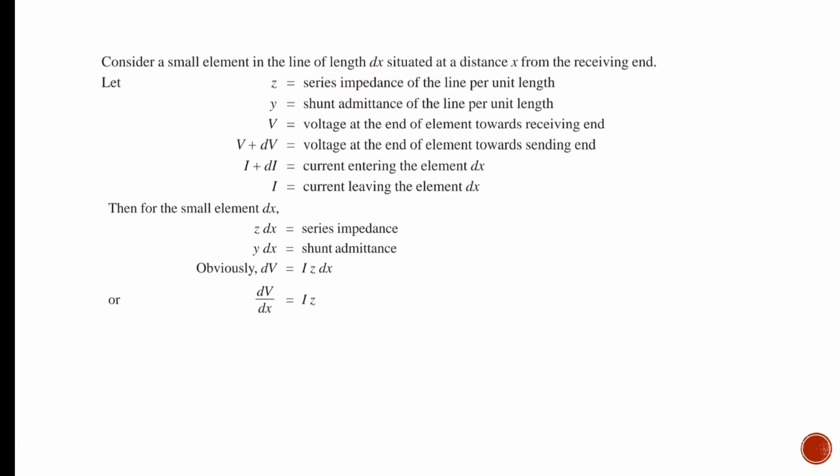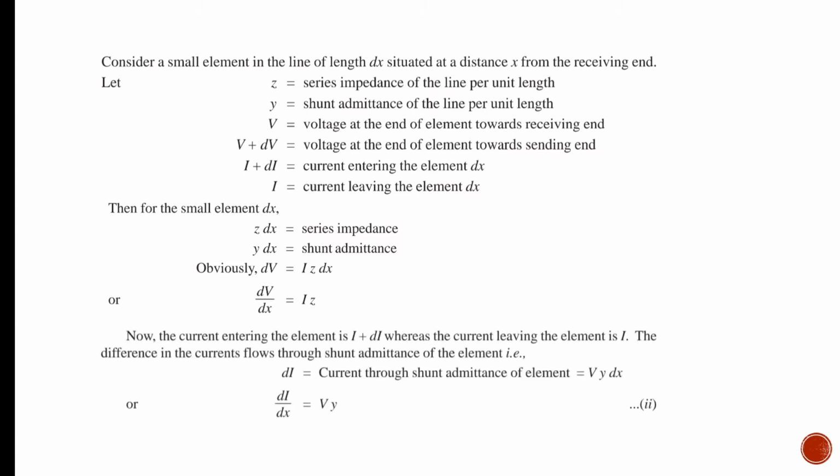From that, dV by dx is equal to Iz. Now the current entering the element is I plus dI, whereas the current leaving the element is I. So dI is equal to the current through the shunt admittance of the element, which is V y dx. That is, dI by dx is equal to Vy.